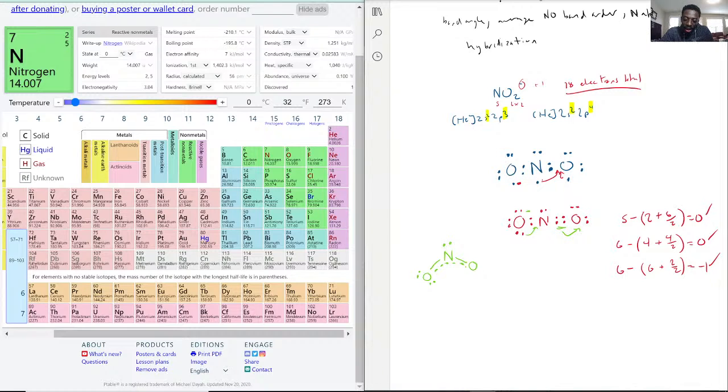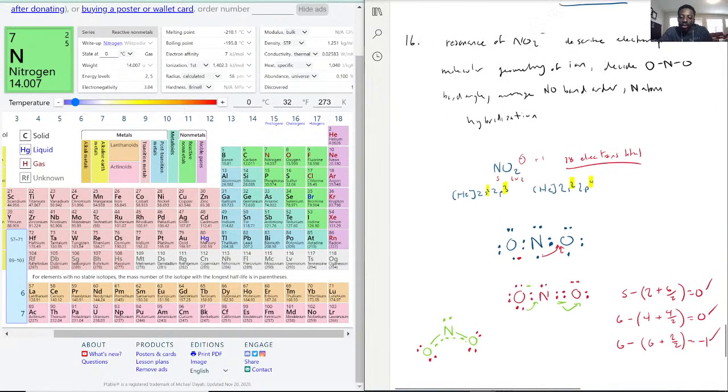But we know that it at least has 4 electrons it has to itself, aka doesn't have to share. And same thing with this oxygen here. Okay, so that at least answers the question of what the resonance structure is.